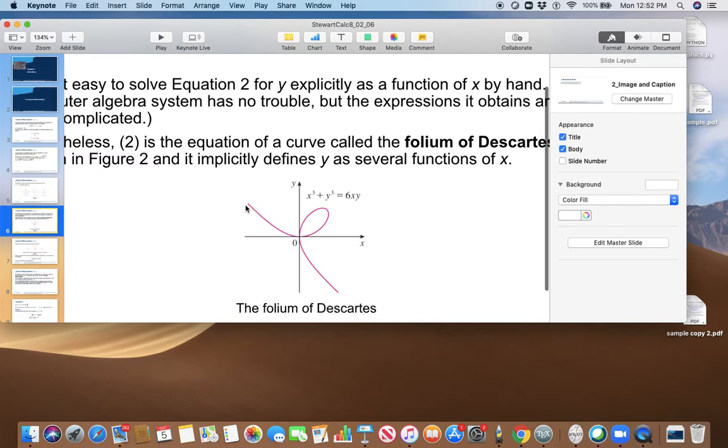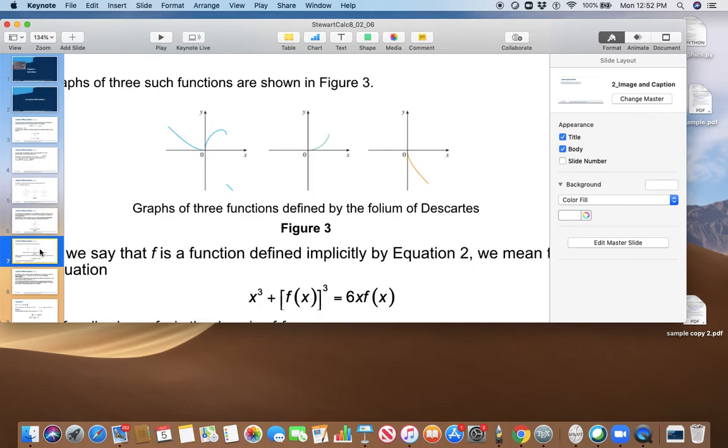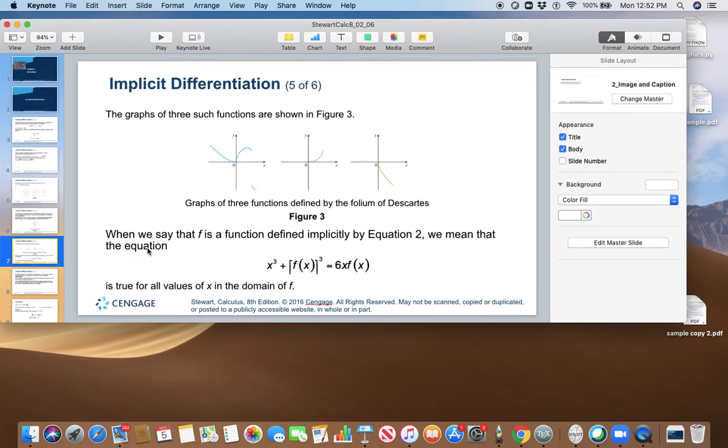So for example, from here to here could be one function, here to here is another function, and then this is the third function. They are taking this part as one function, this part as another function, and this part as the third function.